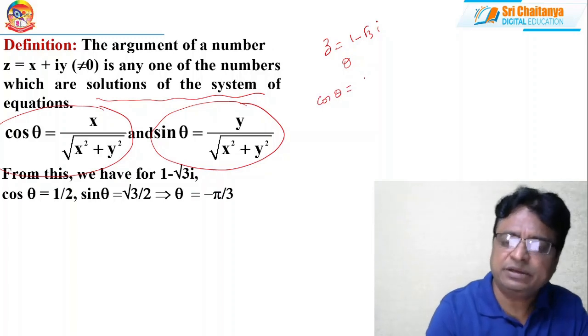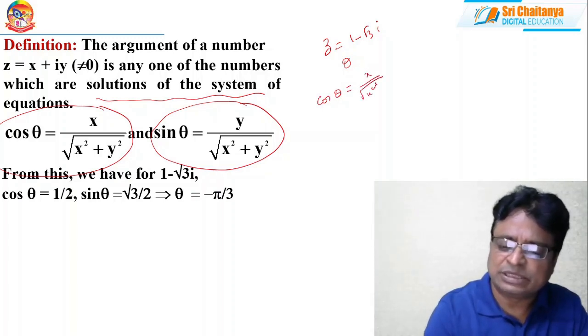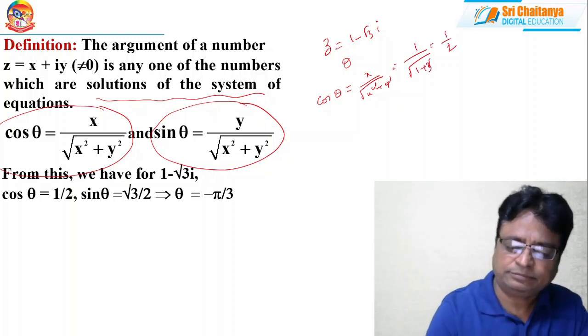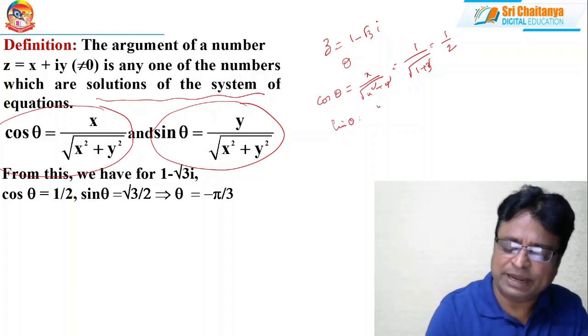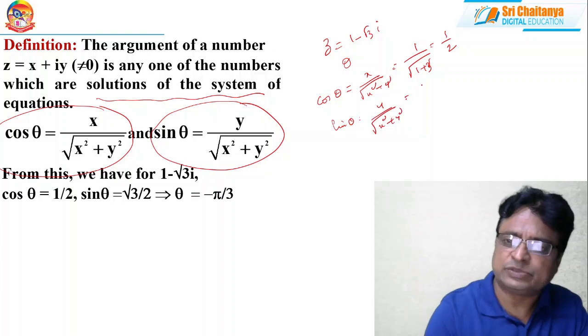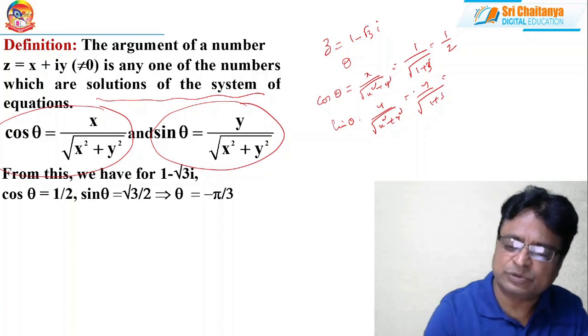As per the definition, x by root of x square plus y square, that is 1 by root of 1 plus 3, that is 1 by 2. Similarly, what is sin theta? y by root of x square plus y square, that is y by root of 1 plus 3, that is minus root 3 by 2.